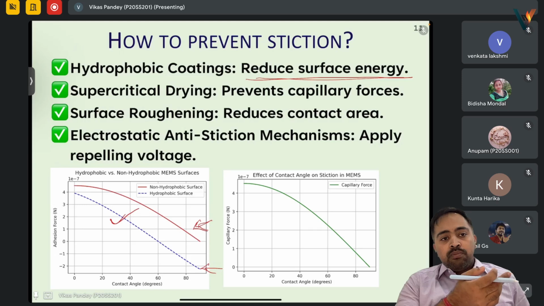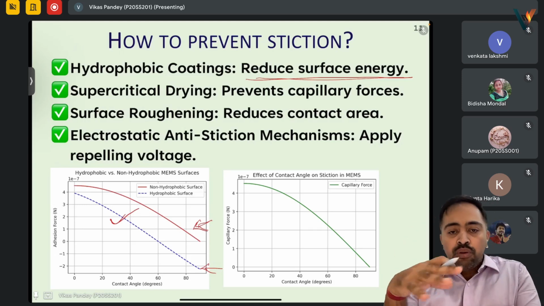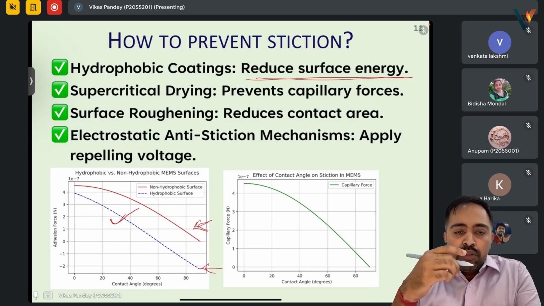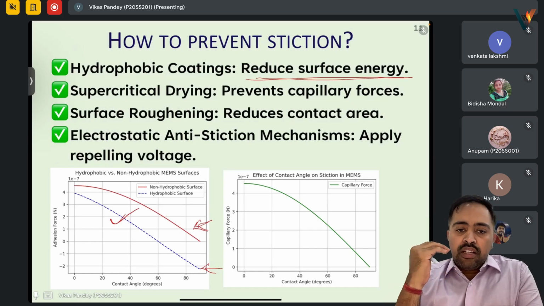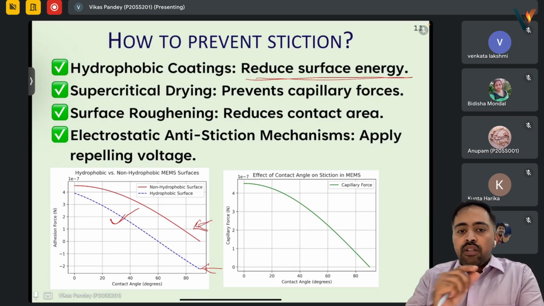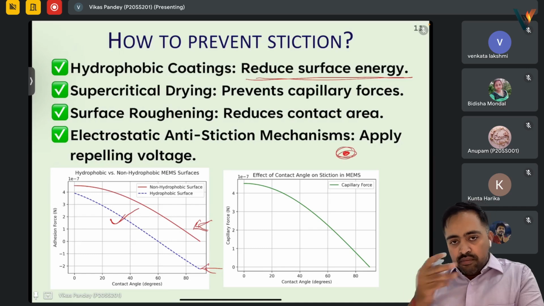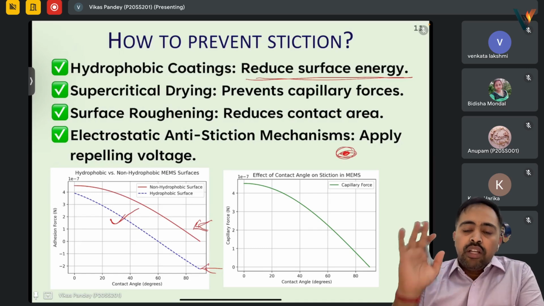To overcome this problem, supercritical drying is used. That means CO2 in its supercritical state will be used, and since it is acting both as liquid and gas, it will dissolve whatever particles are there and take them out, and it will evaporate.